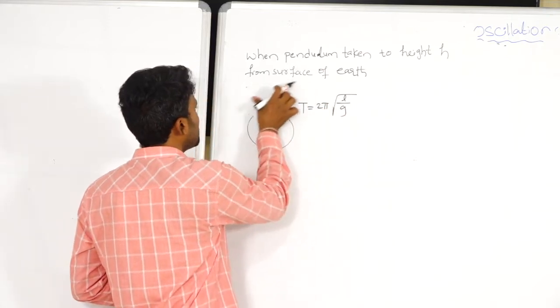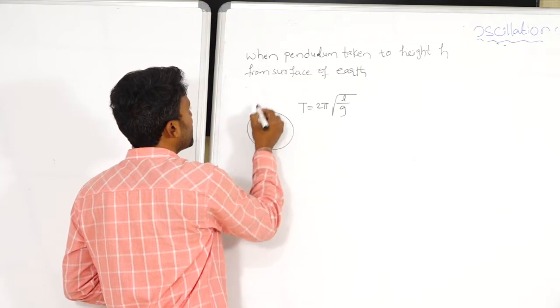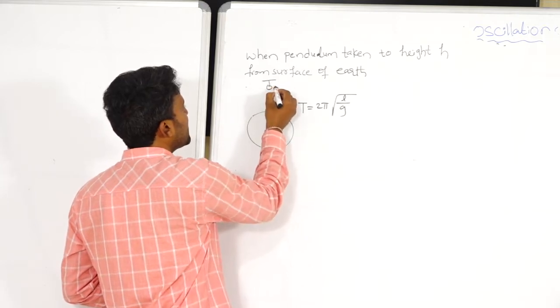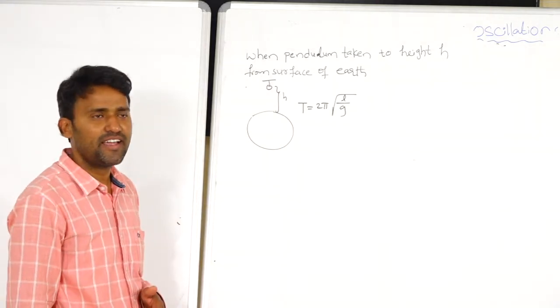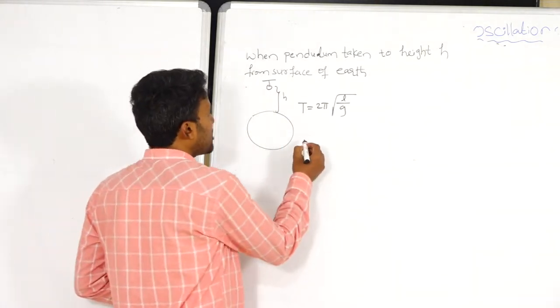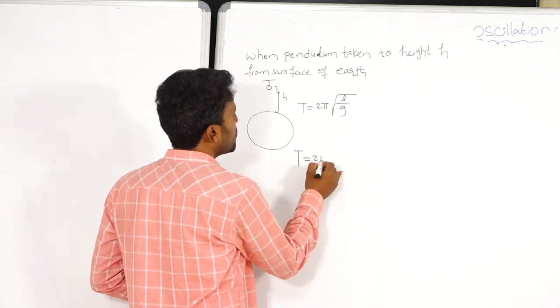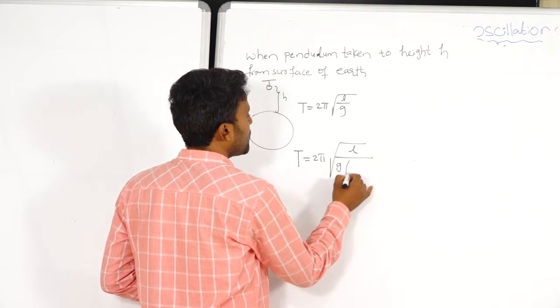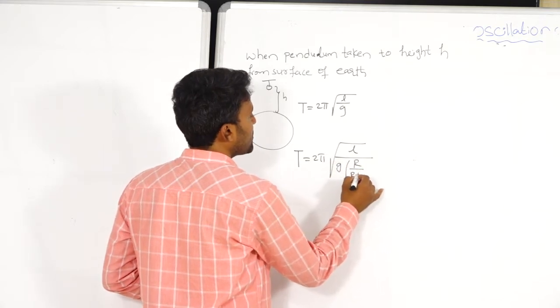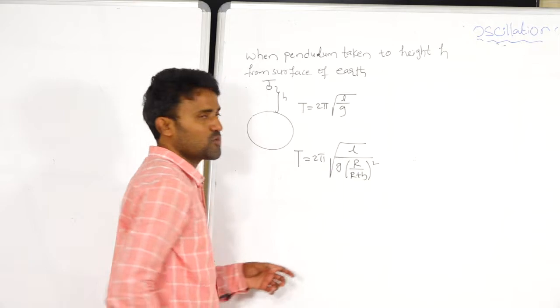But when the pendulum is placed at a certain height, at that moment what is the equation? T is equal to 2 pi under root of L divided by g into R by R plus H whole square. We know this equation.